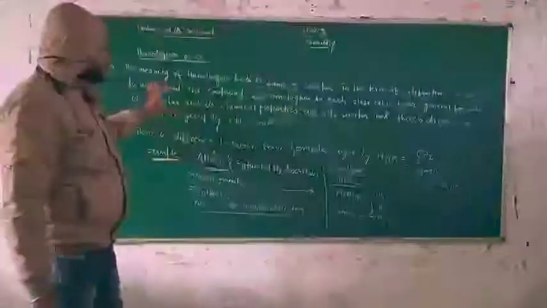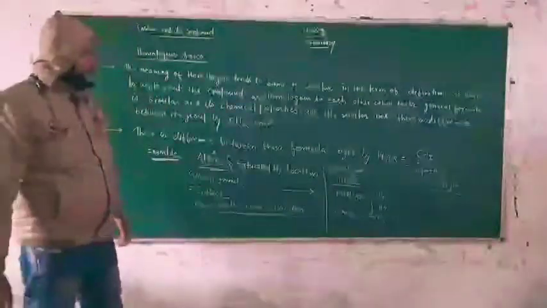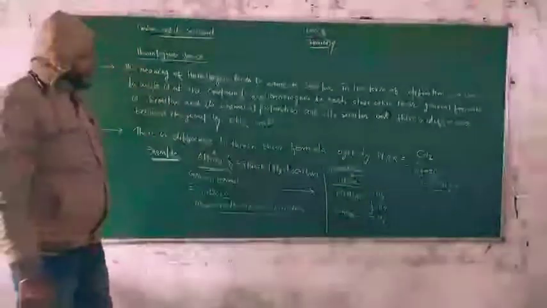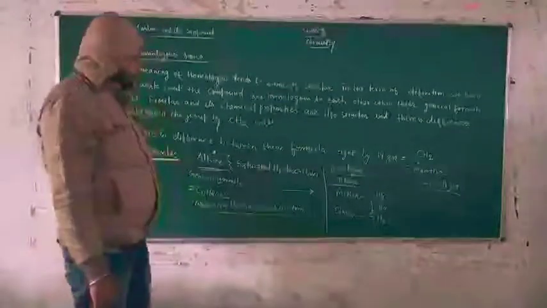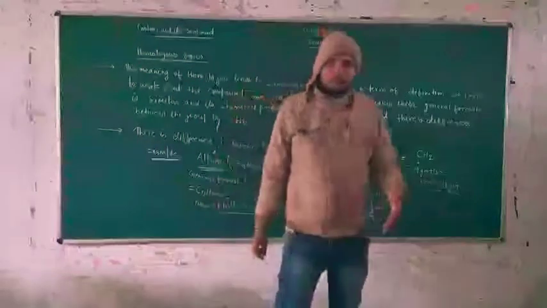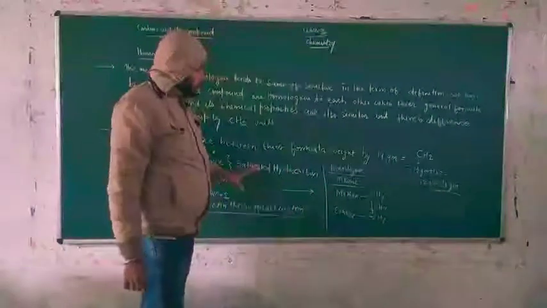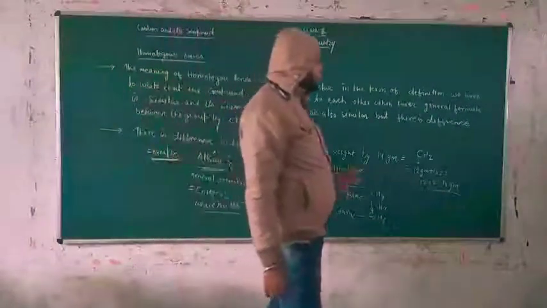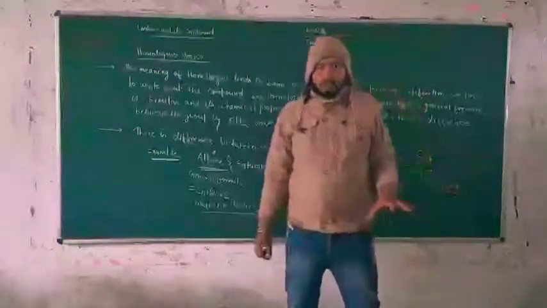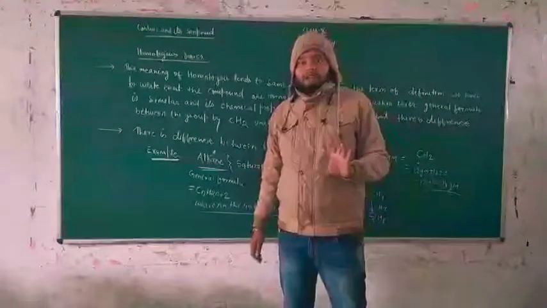That means our proper definition of homologous is consecutively generated, and we take one example for better understanding. I continuously tell you that you have to learn the concept of every definition.